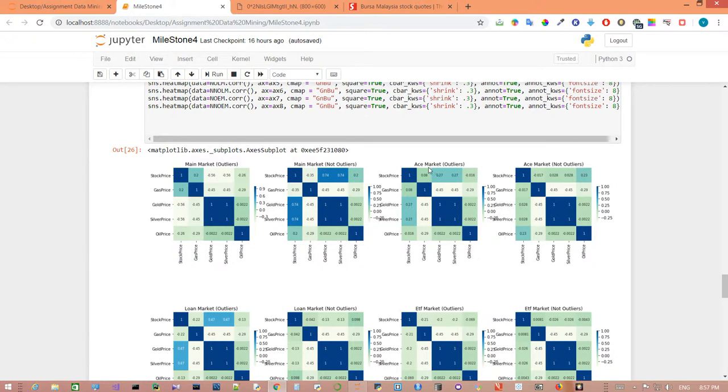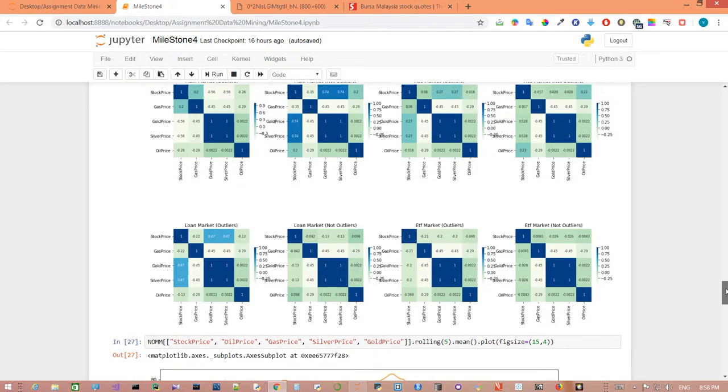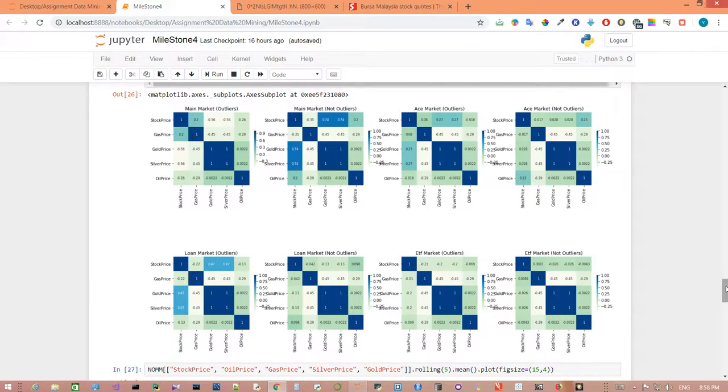And for ace market, we have a relatively stronger relationship between stock price and oil price. Here we have a negative relationship, but in not outlier we have a positive relationship.